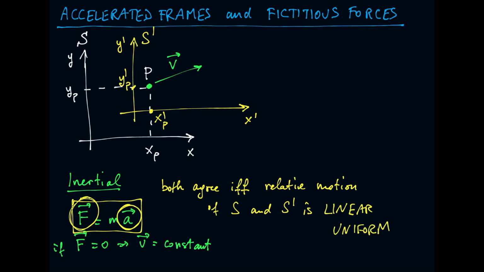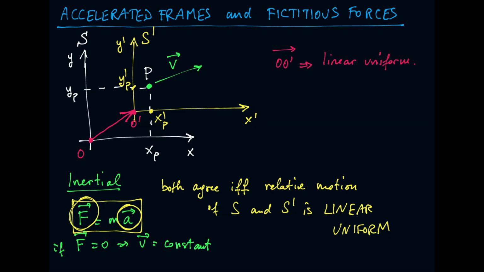So in particular, what this means is that if I look at the position vector that joins the centers of the reference frames, the origins O and O prime, this vector evolves with linear uniform motion.